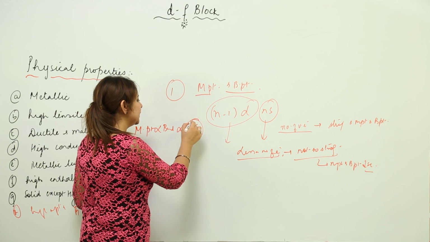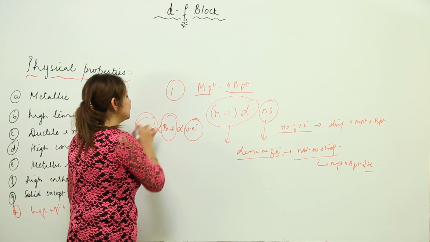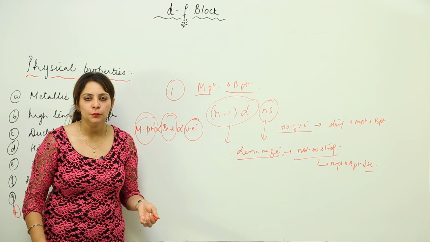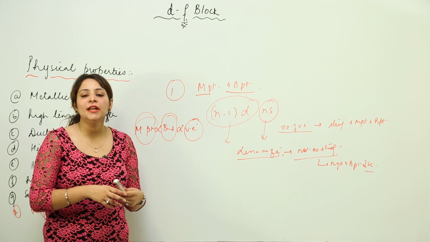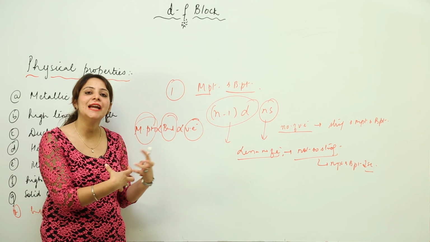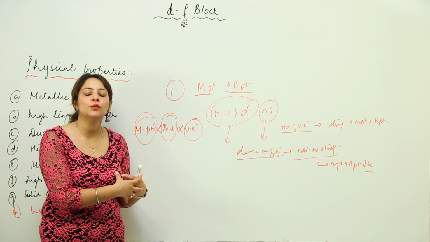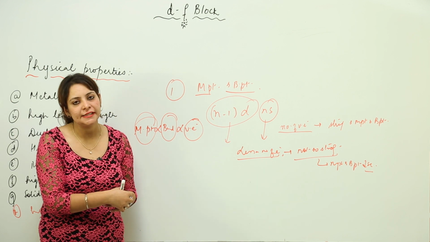So the fewer the valence electrons, the weaker the bond, and the lower the melting or boiling point. That is the reason that when we move, we see a slight increase, but after that we see a decrease in the melting and boiling point.